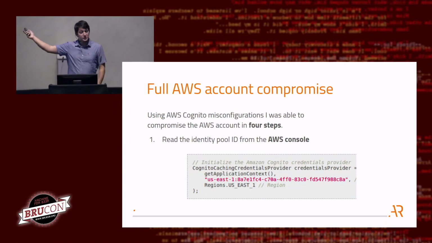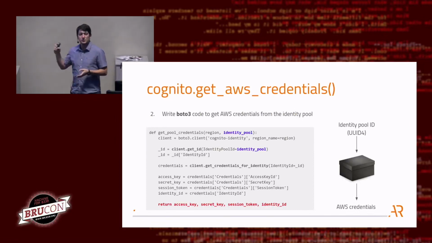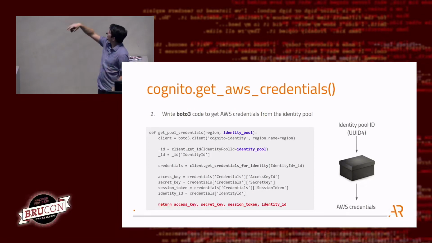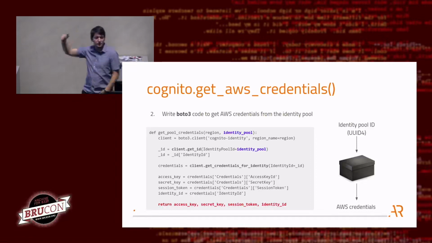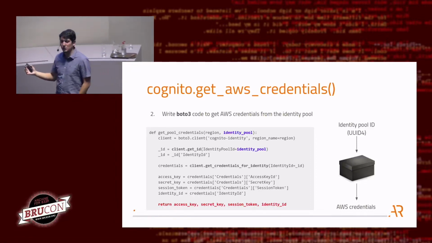So I got that from the AWS console, and also from the documentation, I took this function. This function, and forget about the source code for a minute, is going to receive an identity pool ID, which is the ID that we saw before, and the output is AWS credentials. That's how AWS Cognito works.